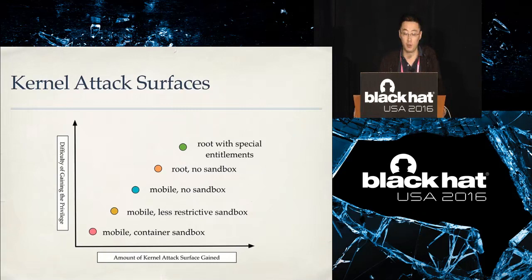Your app will run as mobile in the container sandbox. So it's very easy for you to gain code execution as mobile, but you will also get a very limited kernel attack surface. Because if your app runs in the container sandbox, you can only talk with very limited kernel extensions.